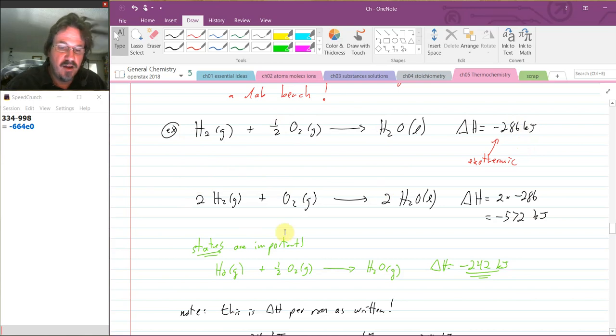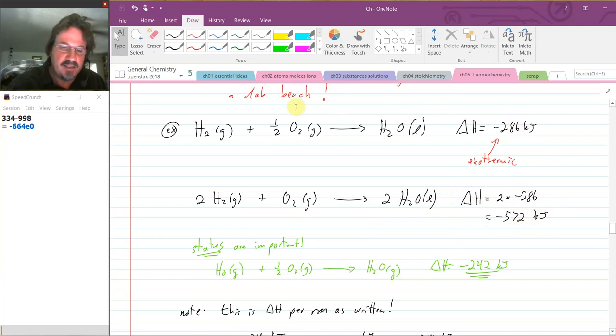This is a 2, so I've got twice as much. It's still a balanced reaction, but now I don't have that fraction anymore. I've got whole numbers, right? Here it is, but look at my delta H would be, well, twice what I had before, so negative 572. So if someone tells you what the change in enthalpy is for a reaction, they have to tell you specifically what that reaction is and how they wrote it.